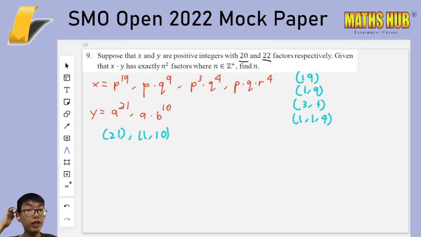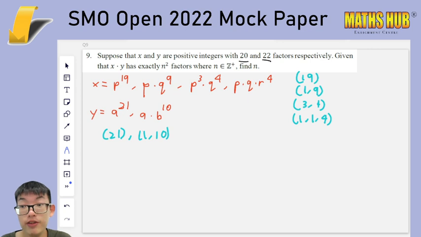Now you would like to merge these in some way whereby if you do the same counting factors approach, which is add 1 and multiply, it gives you a square number. Unfortunately, this is a slightly arduous task because there is no shortcut. The only thing we can say is that for something like 21, it's pretty easy to check because 21 is just one number. So it either merges with the first one or the second one, and you can just check them one at a time.